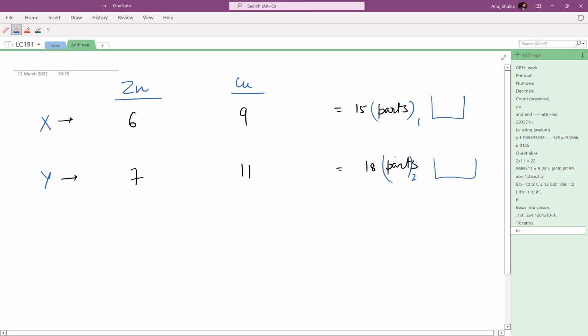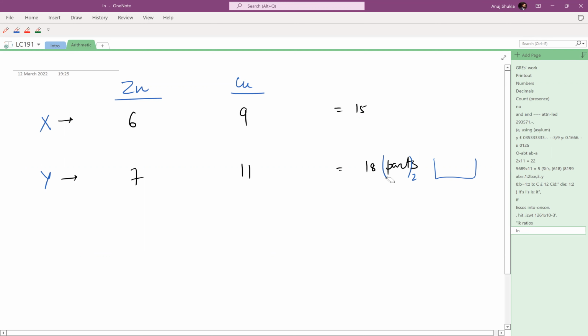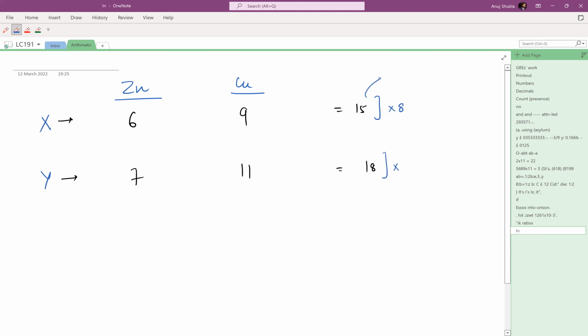So first I'm going to make them equal flasks. For that we have to take the LCM of 15 and 18. 15 is 3 into 5, 18 is 3 into 6, so the LCM is 3 into 5 into 6, that is 90. So 90 is the LCM, which means 15 times 6 and 18 times 5.